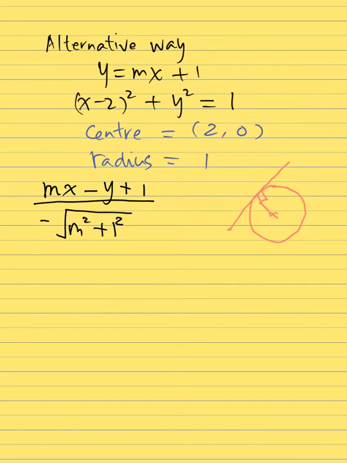Of course, it's negative 1 squared, but I dropped the negative sign because it's squared. This equals the radius, which is just 1. Here once again we replace x and y by the coordinates of the center. That means x becomes 2, times m, and y becomes 0.